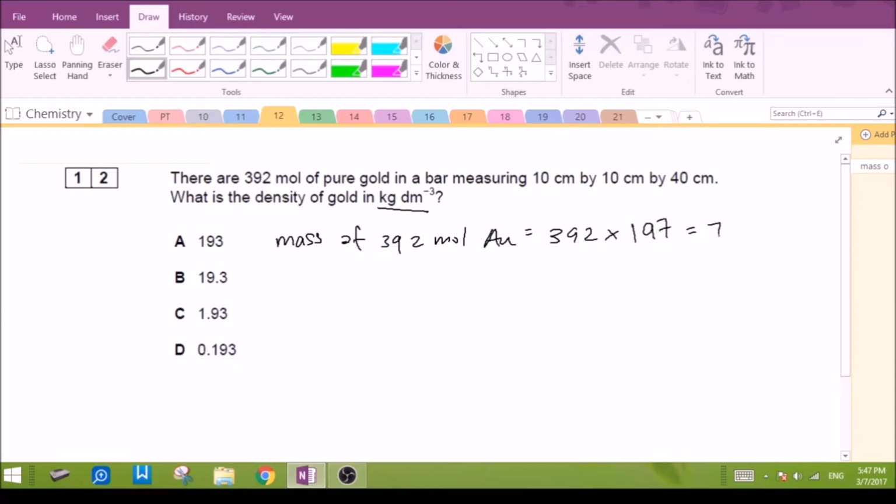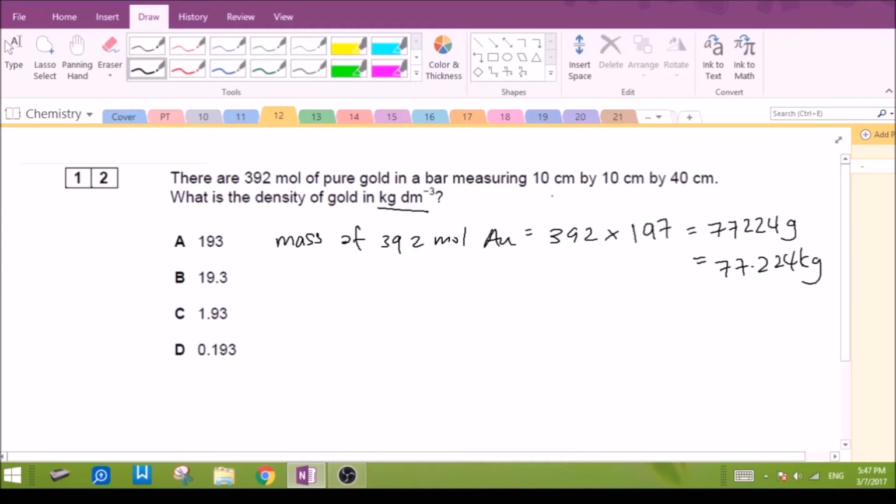Then using our calculator, we will find that it is 77224 grams. And converting it to kilograms, because we want it in terms of kilograms, right? 77224 grams will be divided by 1000. This will be the mass of 392 moles of gold.